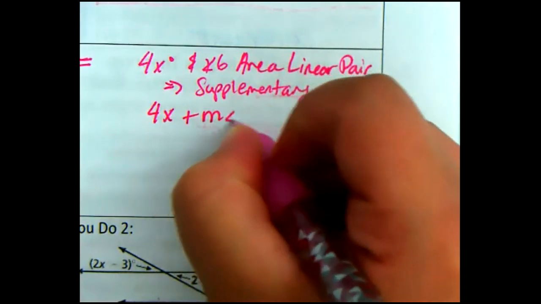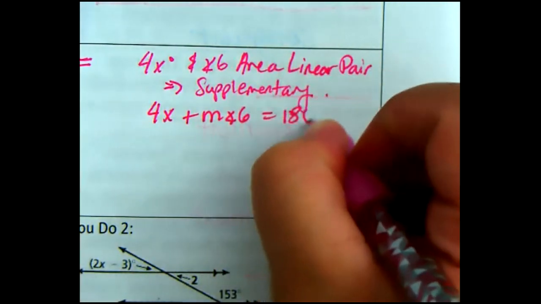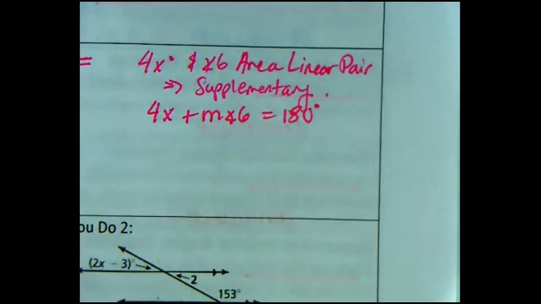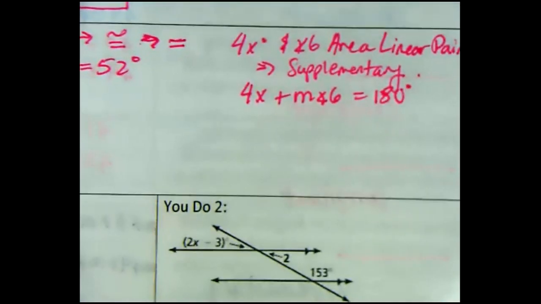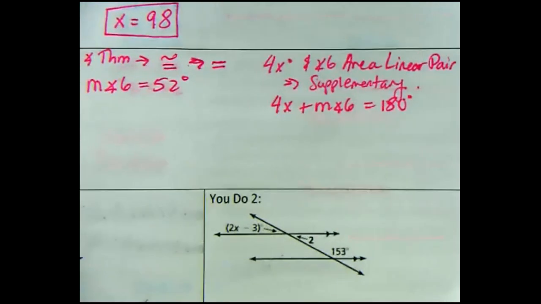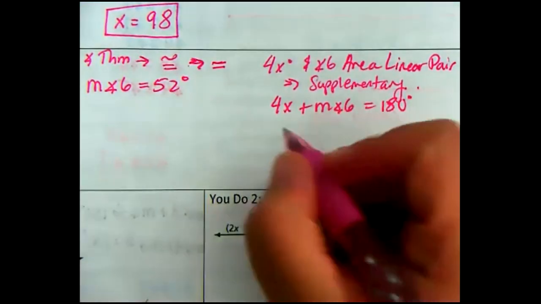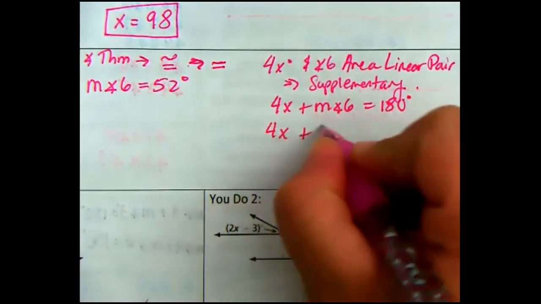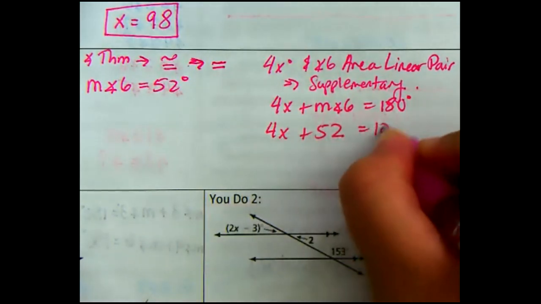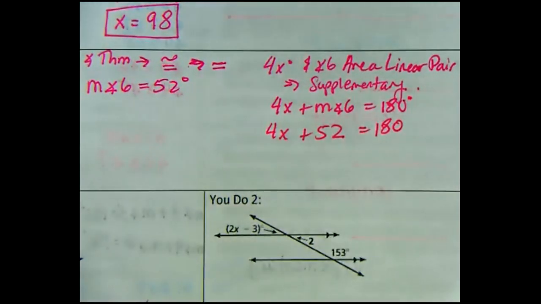That means that 4x plus the measure of angle 6 will equal 180 degrees. Well, I just found the measure of angle 6, didn't I? I found the measure of angle 6 was 52 degrees. So this would be 4x plus 52 is equal to 180.